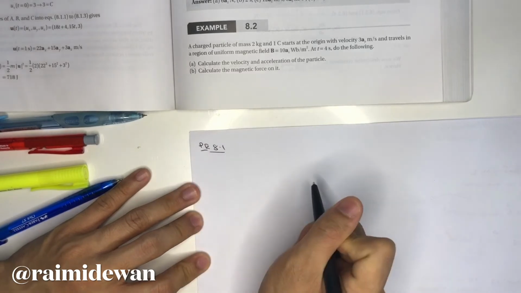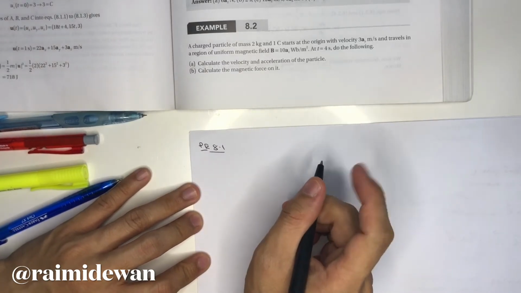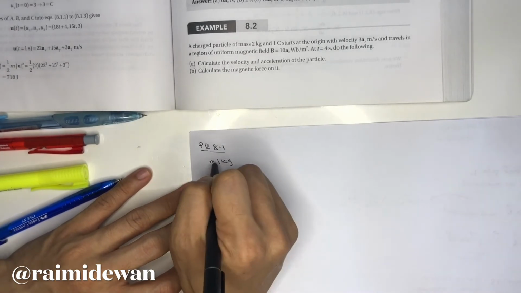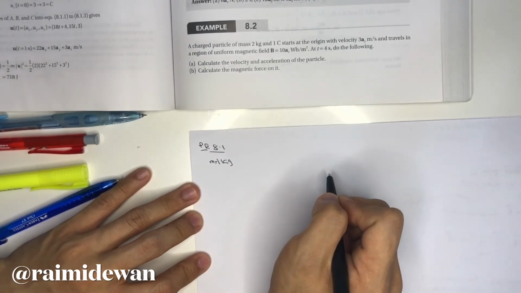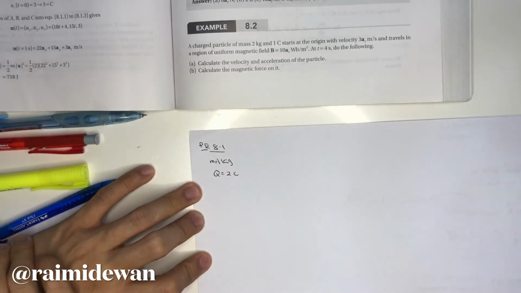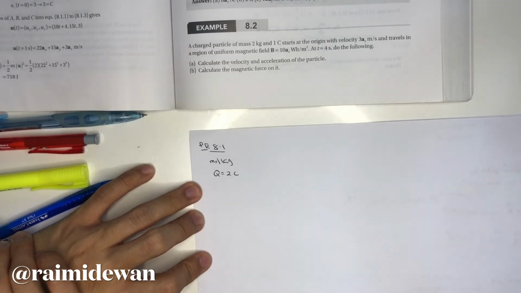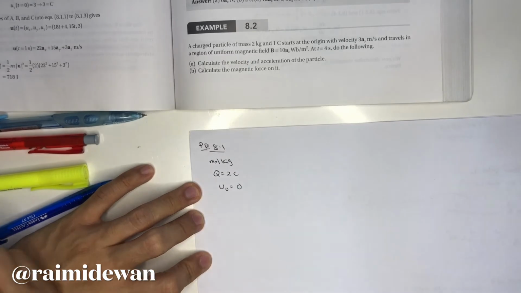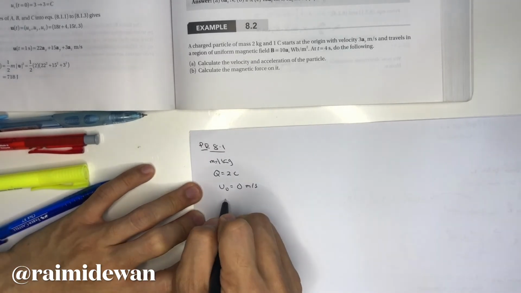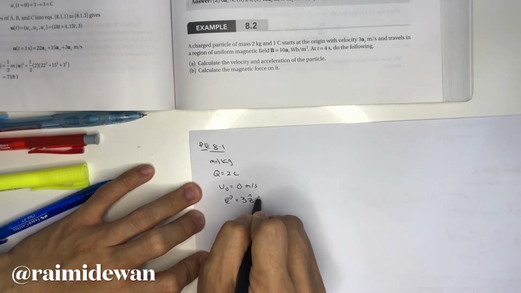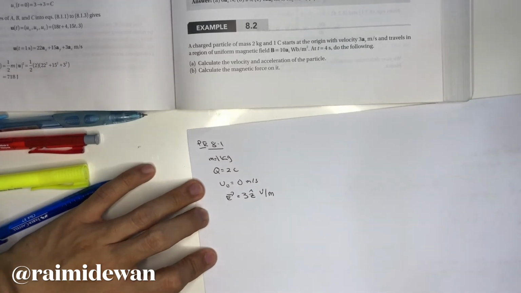Okay, practice exercise 8.1. The question is: a charged particle of mass 1 kilogram and a charge of 2 coulombs starts at the origin with zero initial velocity, meaning u naught equals 0 meters per second, in a region where E equals 3 z, volts per meter.